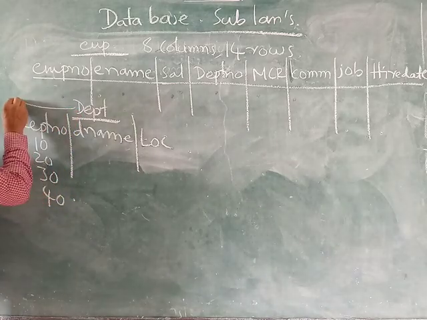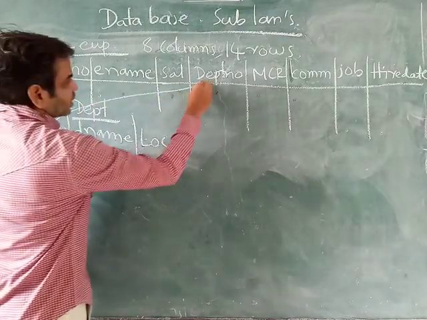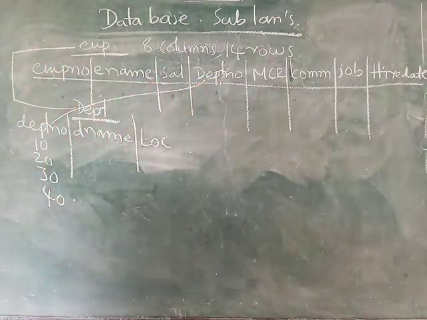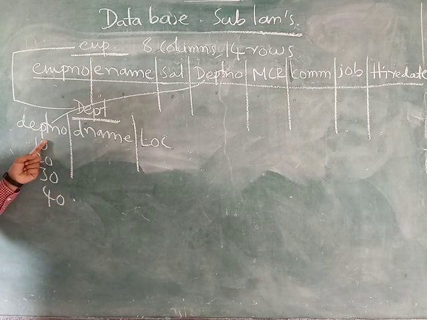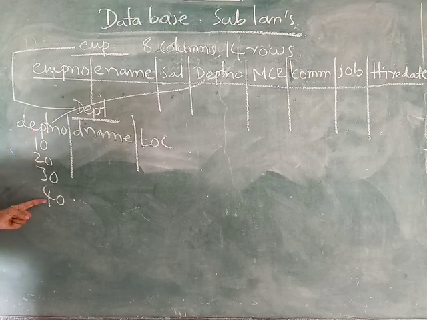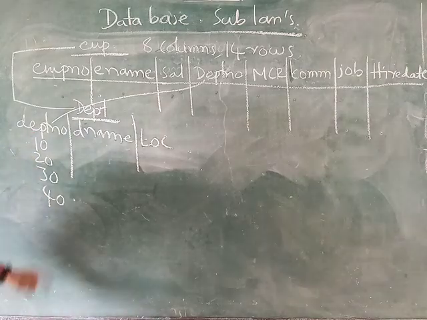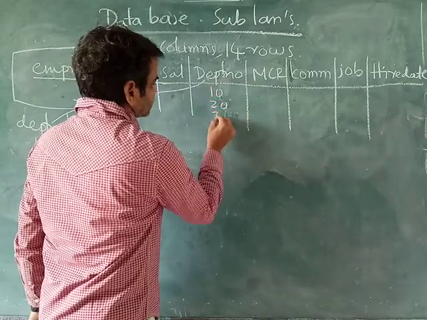If we compare the employee table and department table, there is one column contained in both, that is department number. In the department table the values are 10, 20, 30, 40, whereas in the employee table there are only 3 departments: 10, 20, 30.